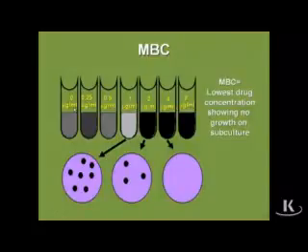So you basically run a normal MIC, and instead of just eyeballing that tube, you're going to plate organisms from each one of those tubes onto an agarose dish. And the lowest concentration showing absolutely no growth on subculture is your minimum bactericidal concentration.